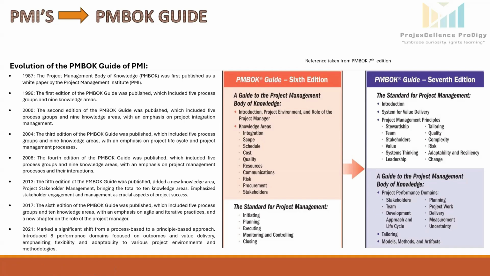These domains are areas of focus that need to be addressed continually throughout the project. The focus is on delivering value. It emphasizes outcomes, adaptability, and flexibility, making it more applicable to agile and hybrid methodologies.